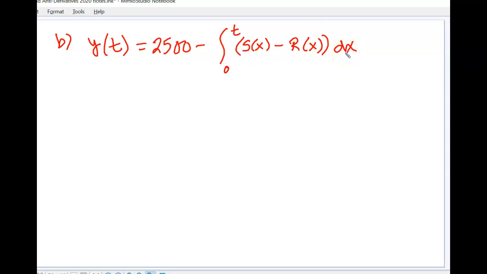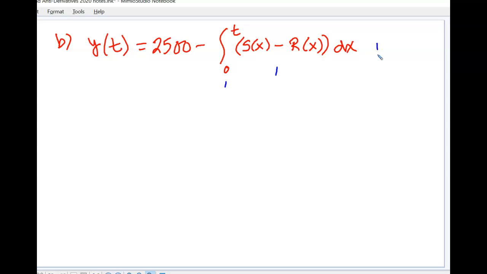So there would be the equation for the total amount of sand at any time t. For this question, they gave you 1 mark for the integrand, 1 mark for the correct limits, and 1 mark for the correct 2,500 plus the integral. So this question was worth 3 marks.